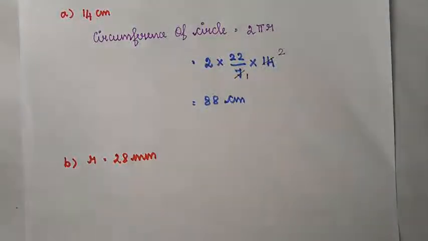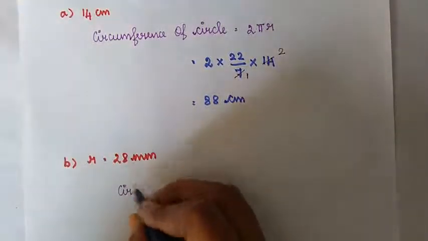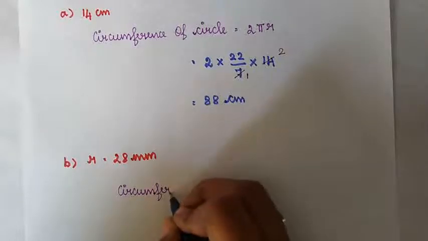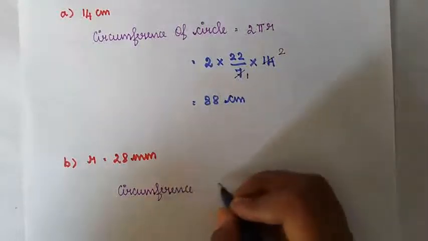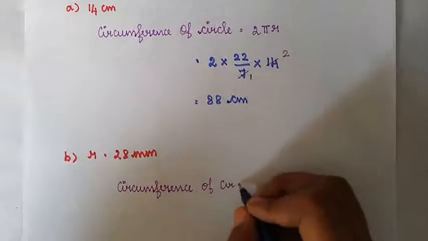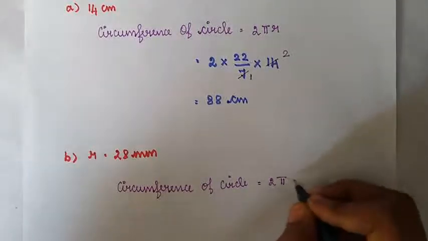Similarly B part. What is the first step? We have to write the formula for circumference. Circumference of circle equal to 2 pi r.